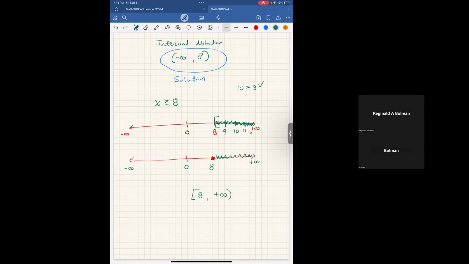But positive infinity isn't actually a number. It's an idea. And so we will use a parentheses to denote that you can't ever get to infinity. And this is our solution.